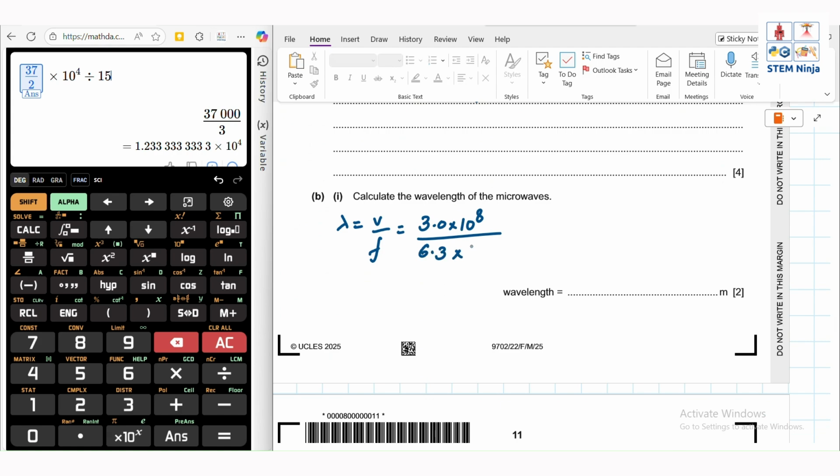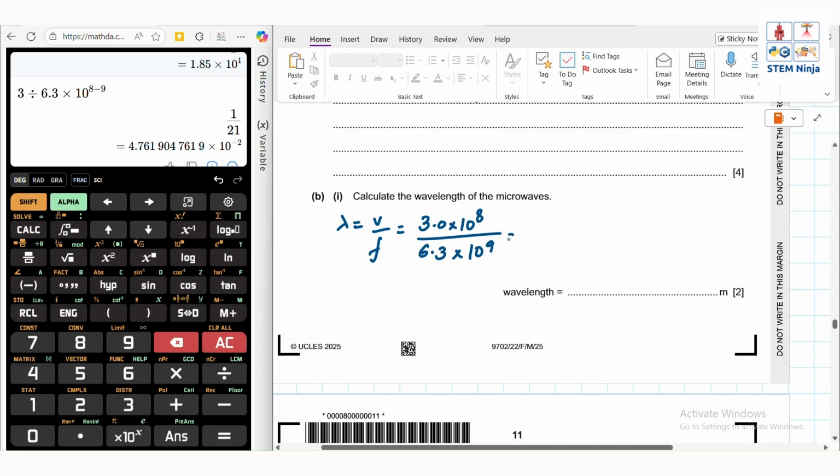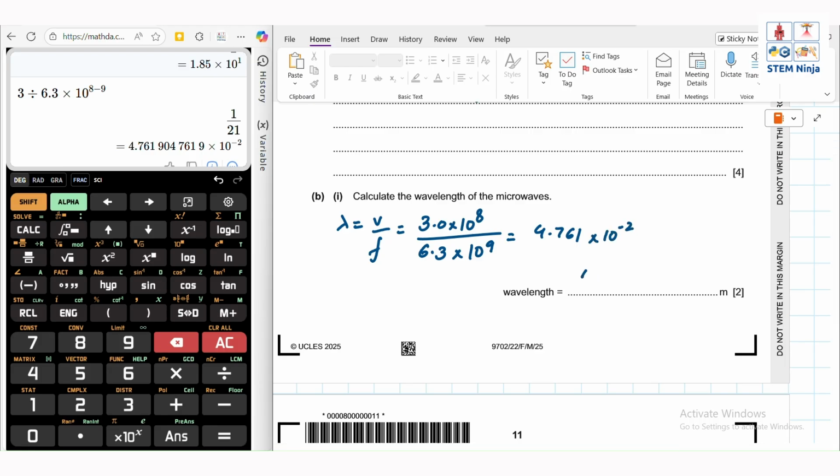Giga is 9. So 3 divided by 6.3 times 10 raised to power 8 minus 9. This gives us 4.761 times 10 raised to power minus 2. So 4.8 times 10 raised to power minus 2.